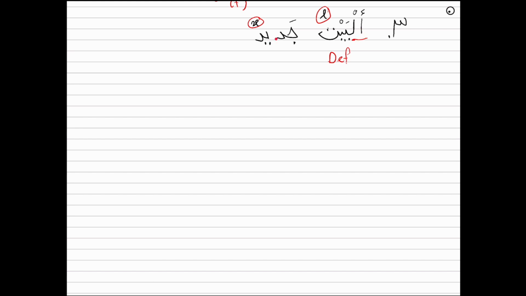And then jadid is going to be the indefinite. So what does that mean? We have a separation right here. I'm drawing these lines similar to the slide so they can help you out. So al-bayt is the house, and then jadidun or jadid was new. So the translation is the house is new.